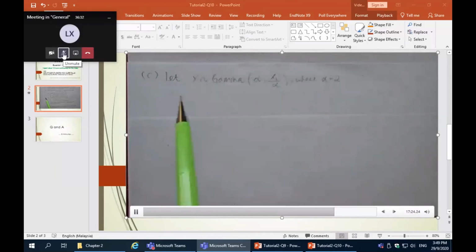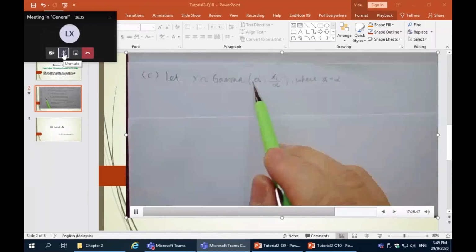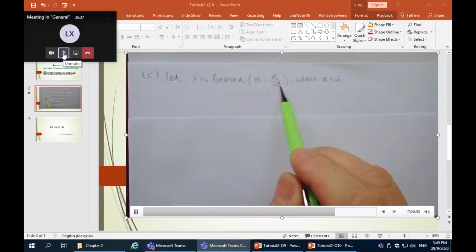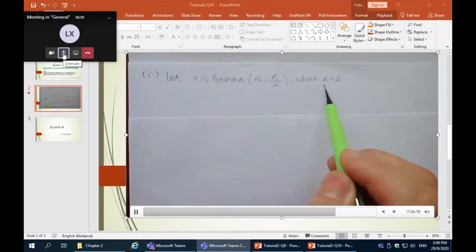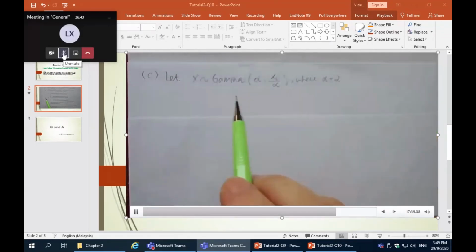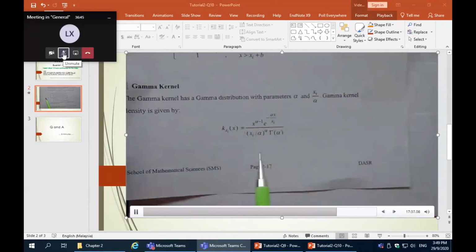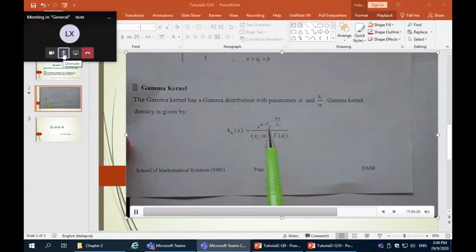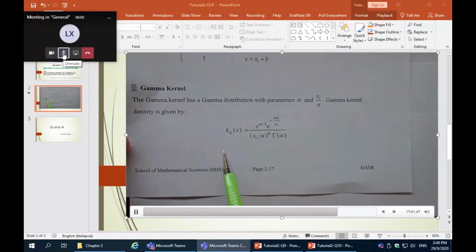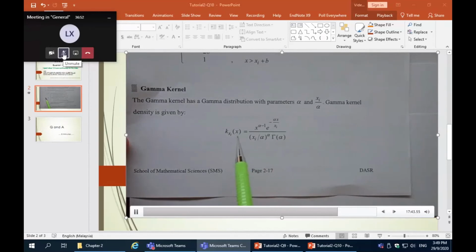Part C. Let X be gamma distributed with parameters alpha and xi divided by alpha, where alpha is 2. So the kernel density at 30, which is defined by this formula, I'm going to substitute x is 30 and alpha is 2.